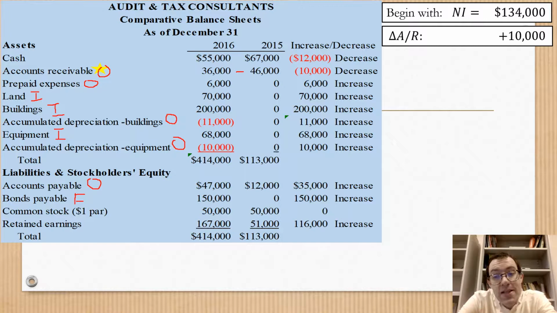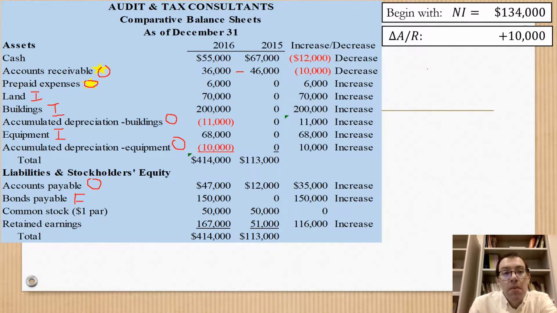But are you recognizing any income, any revenue with that? Well, actually, no, right? You recognize the revenue when you sell it, not when you collect it. So that's a situation where you're getting cash, but you're not getting any revenue. So your net income, your accrual-based measure, is $10,000 too low if you're trying to be on a cash basis, right? You've got to add that.